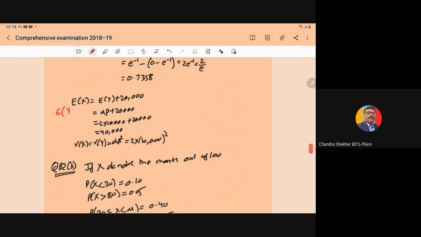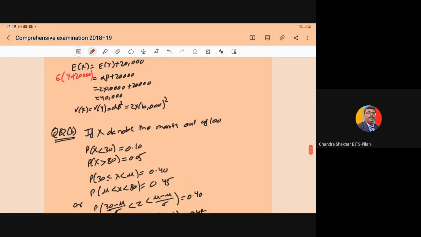So it will become E of y plus 20,000, which can be written as E of y plus 20,000. And you know that for the gamma distribution, the mean is given by alpha into beta. So E of y is alpha beta plus 20,000, where alpha is equal to 2 and beta is equal to 10,000. So it will become 2 into 10,000 plus 20,000, which gives you a total of 40,000.